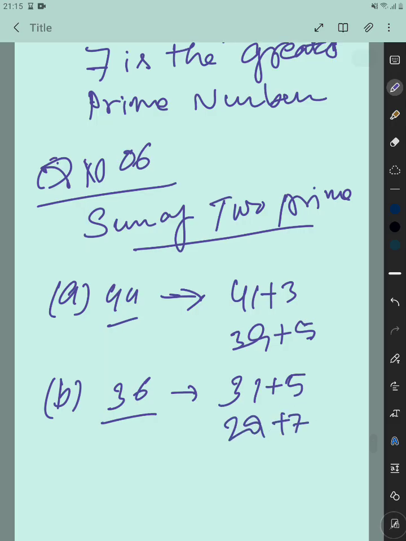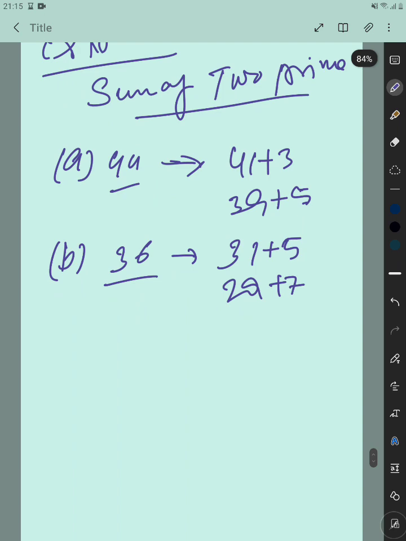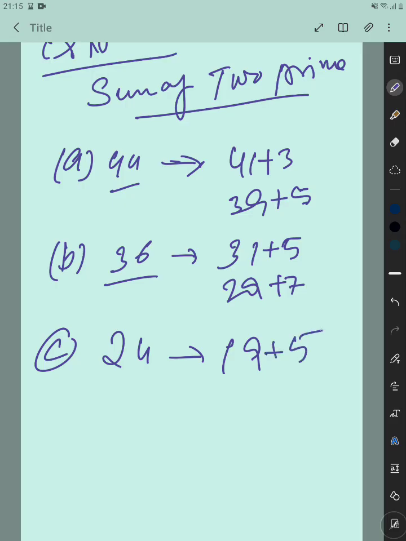Anything you can write, it is up to you. Next is the c part, it is 24. 24 can be represented as 19 plus 5, and you can take 17 plus 7 also. So this way we can represent.